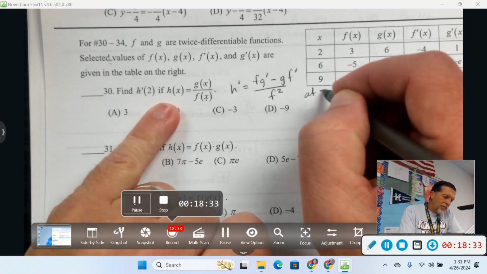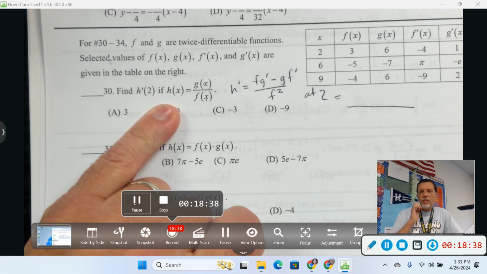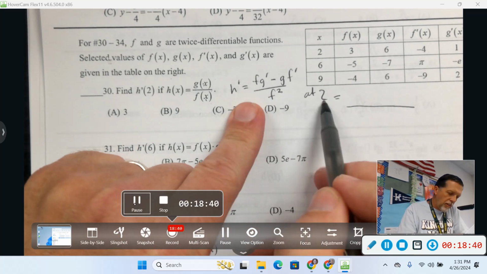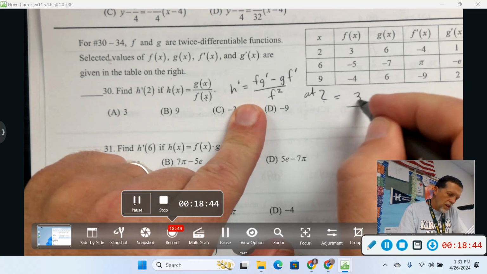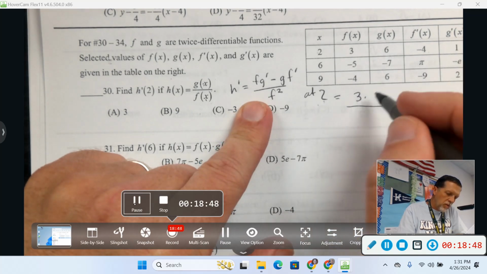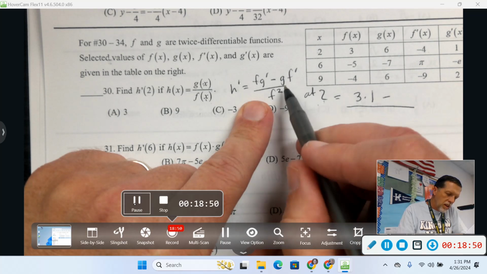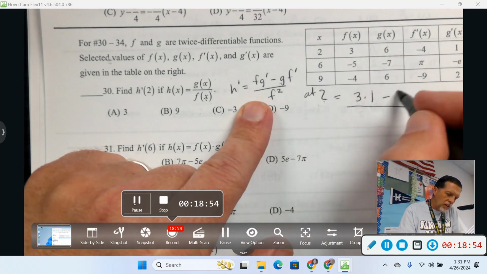Okay, then at 2, so now I got to go to the table and find all of those pieces and put them in the right spot. So f at 2 is 3. G prime at 2 is 1. G at 2 is 6.